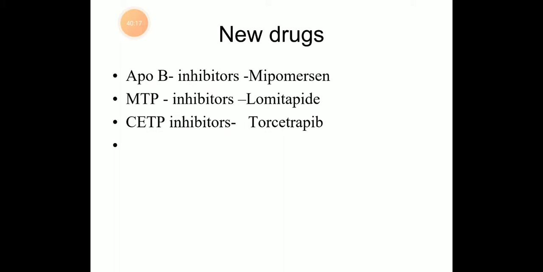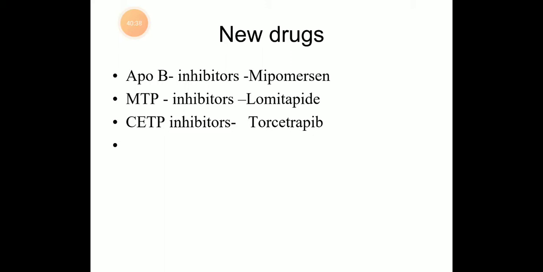Besides all these three, there are some other drugs like PCSK9 inhibitors, that is proprotein convertase subtilisin/kexin inhibitors.